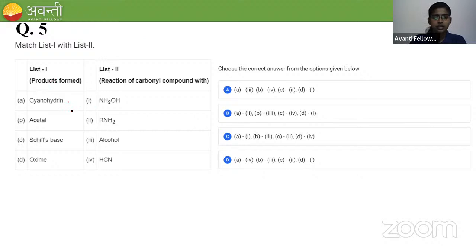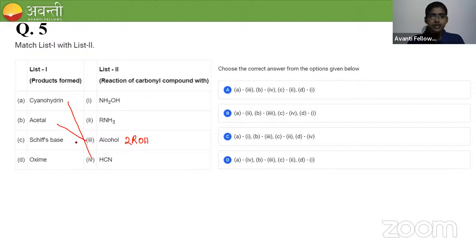So cyanohydrin is prepared from HCN. And acetal is basically the carbon which contains 2 OR groups. That is prepared from 2 moles of ROH, which is alcohol. So B goes to 3.